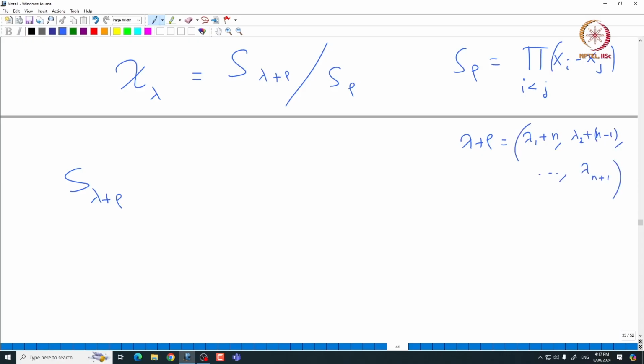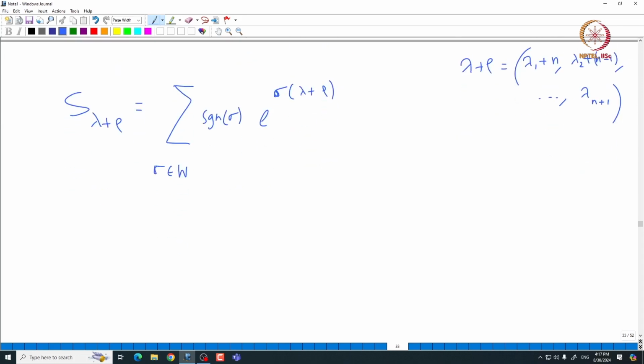So this is the tuple. Now this is going to be exactly the summation over sigma in W of the sign of sigma times e power sigma of lambda plus rho.